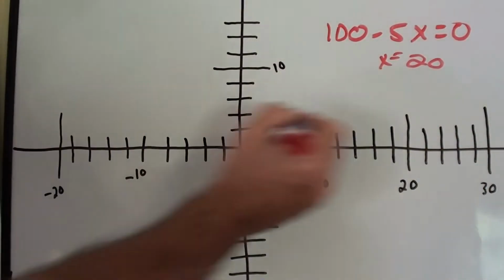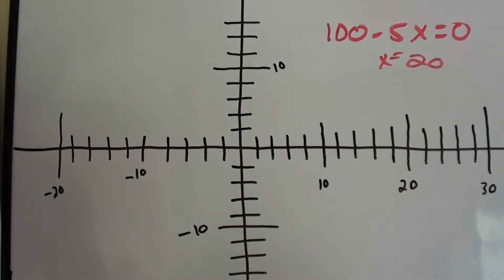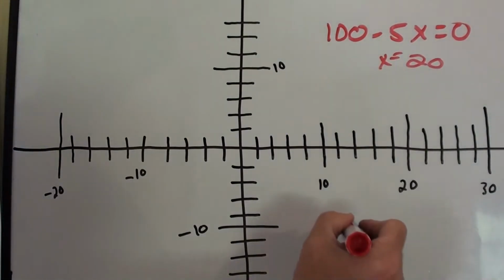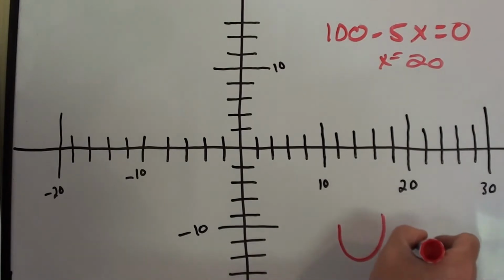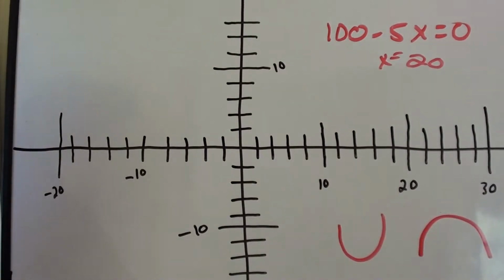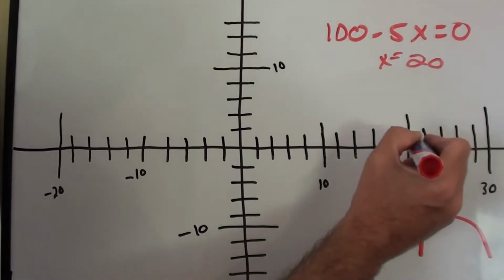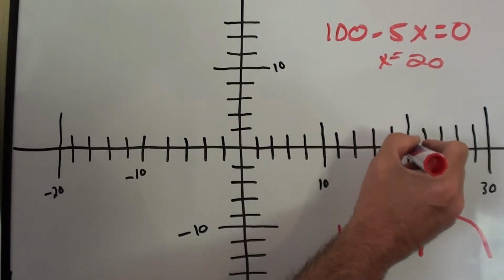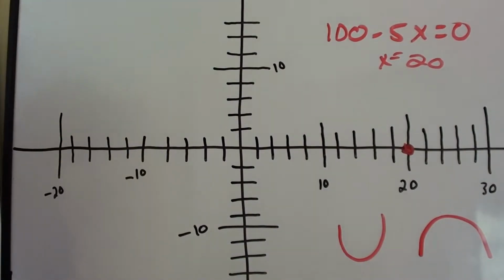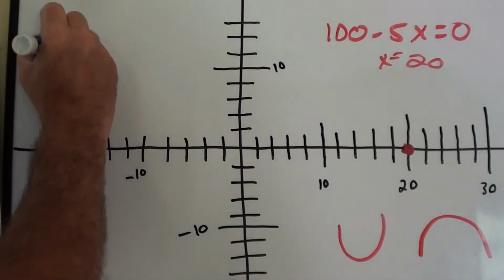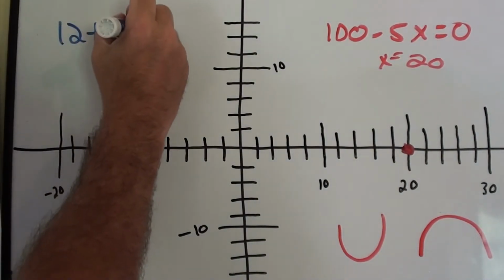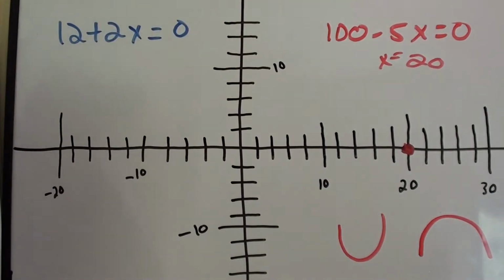Remember, we're looking at the x-axis only, because we are looking for a parabola. Okay? So, got right there. Okay? And then we had 12 plus 2x, and we set it to 0.